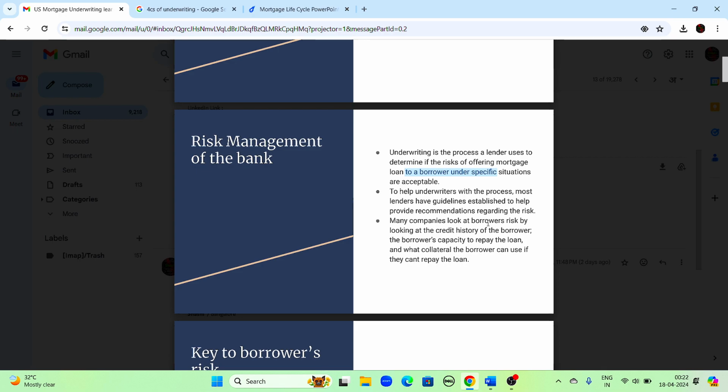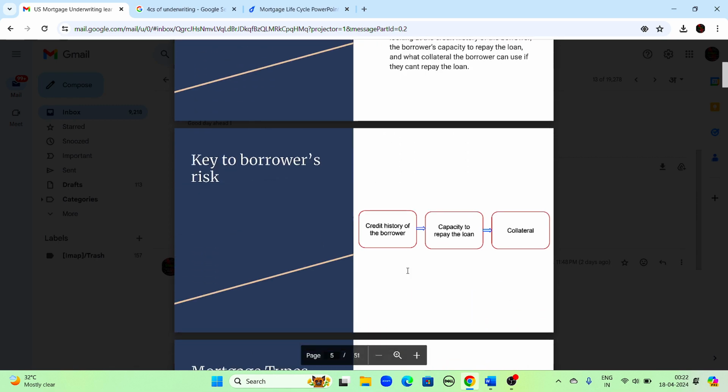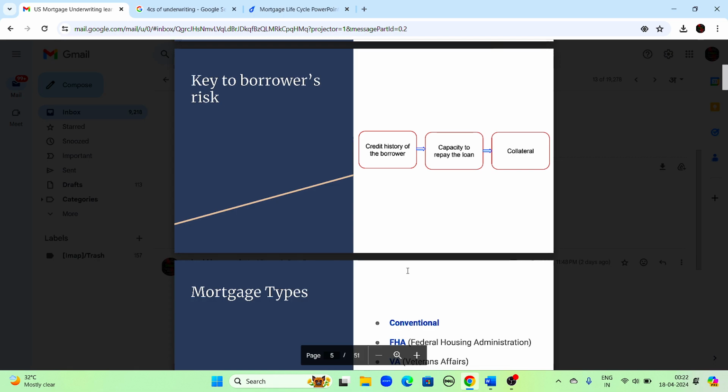Many companies look at the borrower's risk by looking at the credit history of the borrower, the borrower's capacity, whether they can repay the loan, and what collateral the borrower can use if they can't repay the loan. Next, let's check on this part: key to borrower's risk. The credit history of the borrower is checked, and also the capacity to repay the loan.